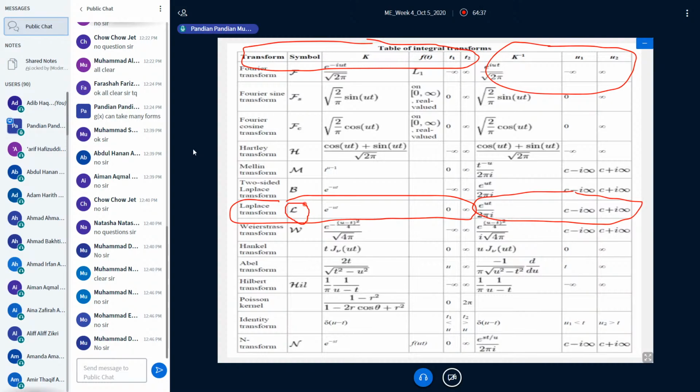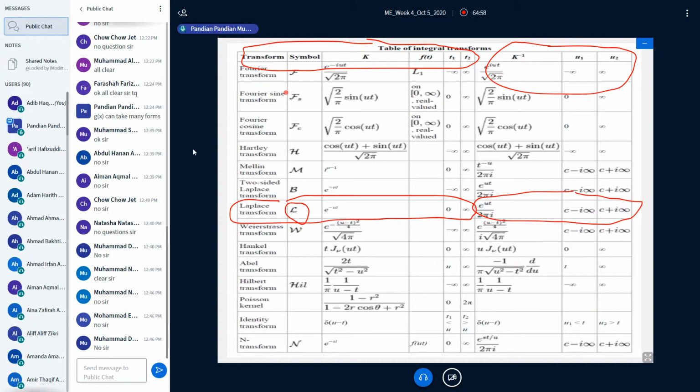You see the symbol here. This is the symbol for Laplace. Your K is e to the power minus omega t, and then your f(t) is not written here. We will see what f(t) is, with lower bound 0 and upper bound infinity.